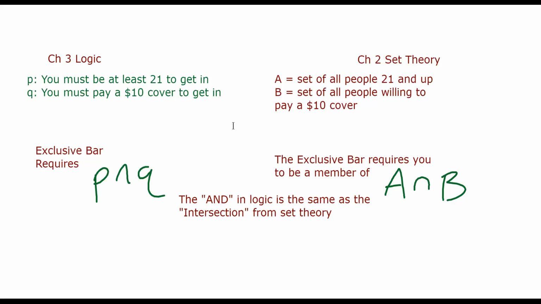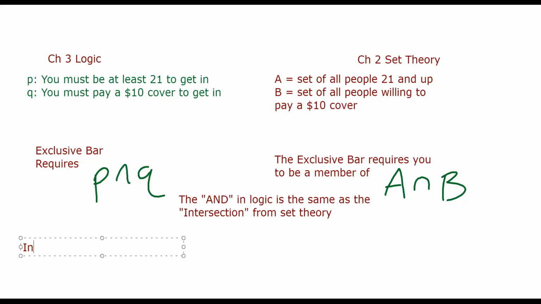Yes. Well, remember we defined the intersection in set theory. We used the word and. We said to be in the intersection, you have to be in set A and set B, if we go back to the definition. So that's just another way of saying and. So it is really cool that we have that analogy.